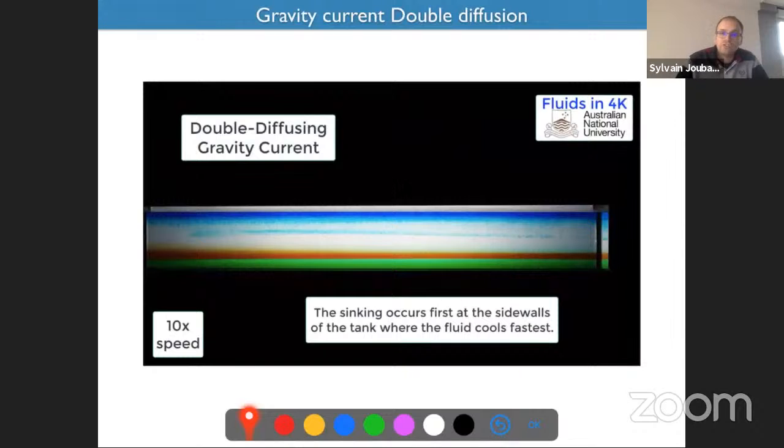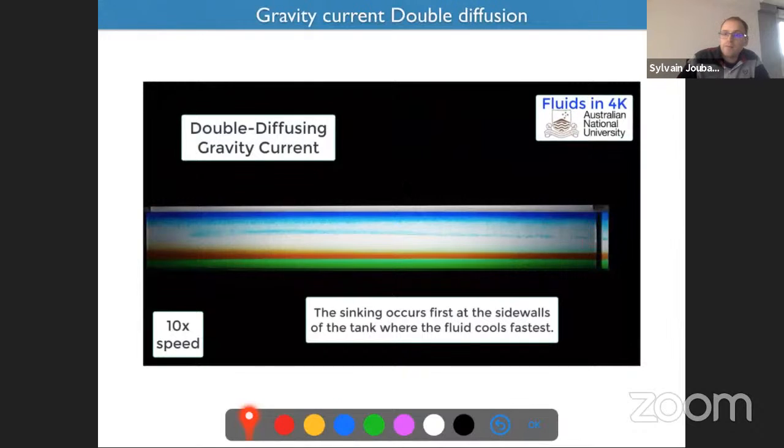They have 2 orders of magnitude difference, which leads to the formation of such behavior, and that may have very, very interesting features in different systems. This is called double diffusion, because salt and temperature do not diffuse at the same time scales, because of the diffusion coefficients. And I just wanted to show you this movie.